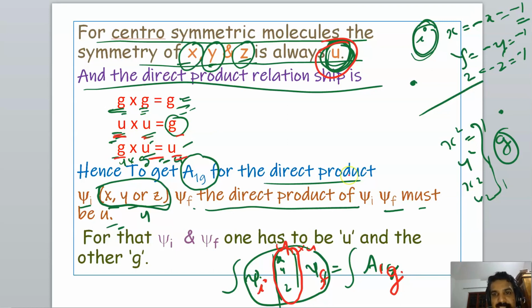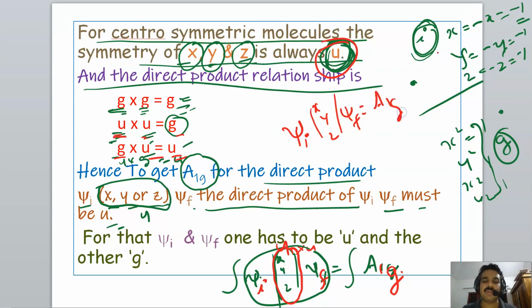Listen once more. We want this direct product, psi I, x, y or z, psi F, to be A1g. Then only the integral will be non-zero. We know the symmetry of x, y or z is u, and the direct product of u into u is g, but g into u is u.